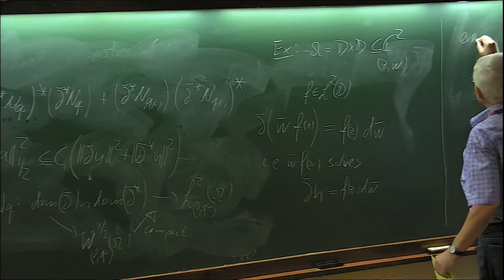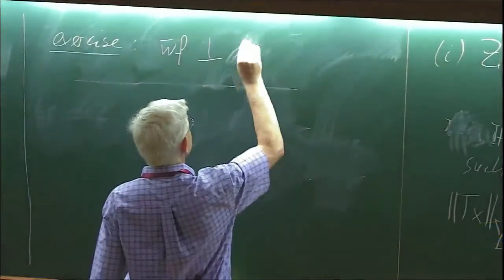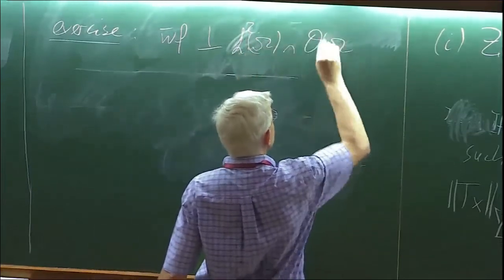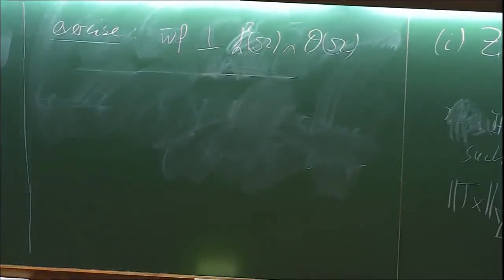So exercise: it is orthogonal in L2 of omega to the Bergman space. Because if you know that, then it's going to be the Kohn solution, the canonical solution.